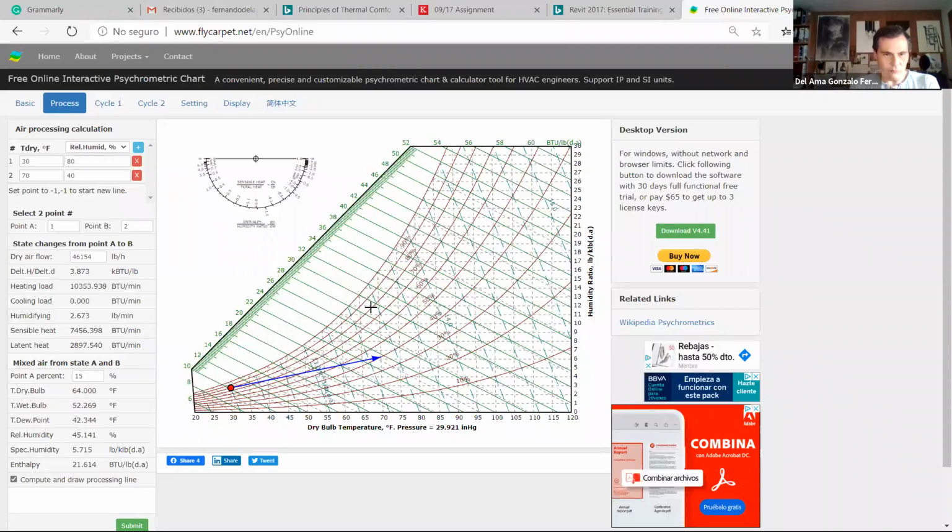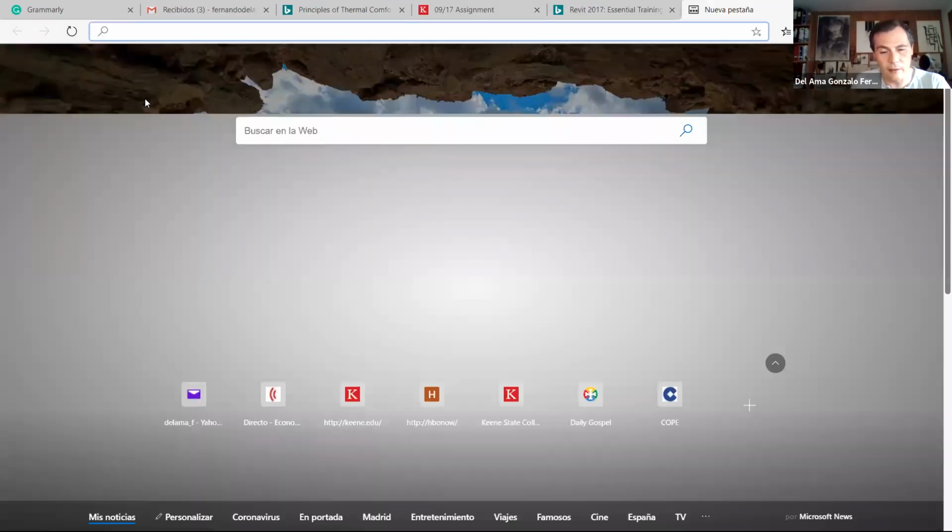But this tool, we can make the most of this tool, and I think we can do something else. How? I'm going to open it again because it's wonderful, it's for free, but this tool is unstable. So sometimes you have to close it and open it again.